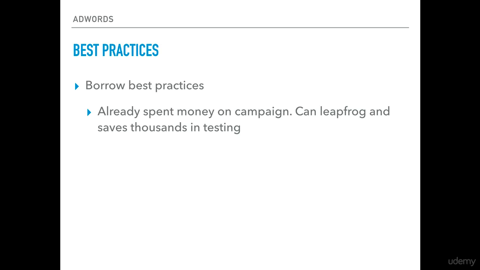So I'm going to show you how we do that in the next few slides. The next few steps are going to give you a massive advantage and allow you to catch up and then go beyond the current competitors in the market.